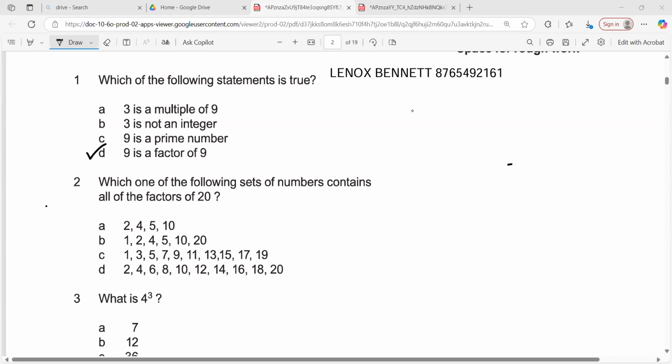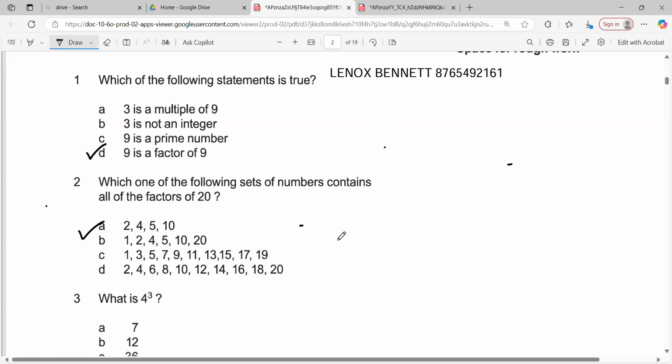Number two, sir, I chose B, because 1 can go into 20, 2 can go into 20, 4 can go into 20, 5 can also, and 10 and 20. All right, very good. So I agree with that.